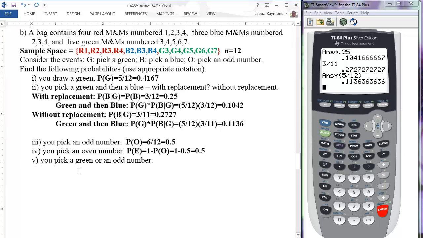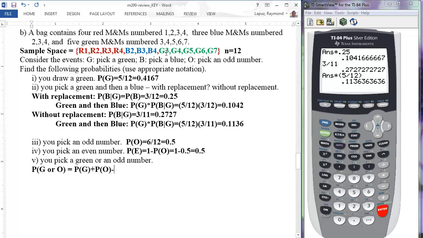Our last question was the probability that you pick a green or an odd number. So we have an OR over here, and whenever we see an OR, we think about an addition rule. So the probability that we select a green or an odd number, that's P of G or O. According to the addition rule, we look at the probability that we select a green plus the probability that we select an odd number.